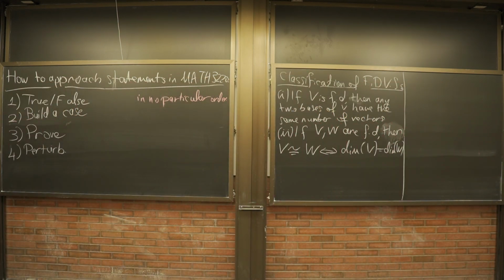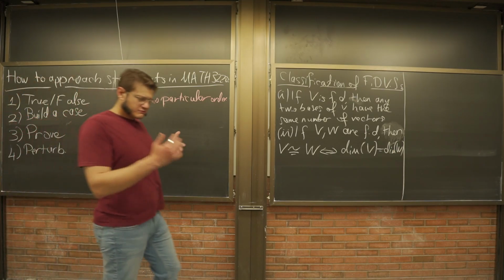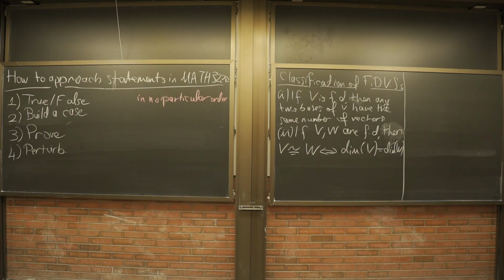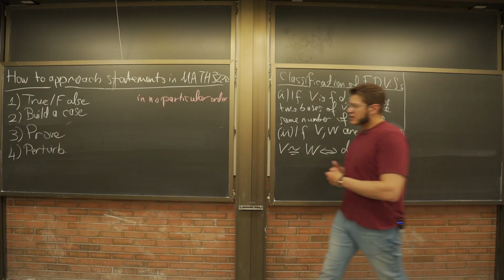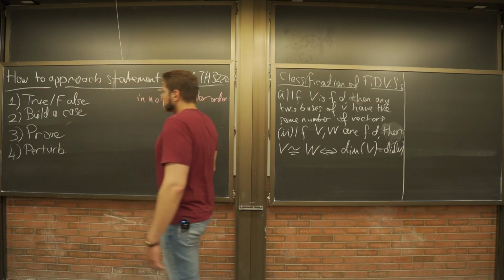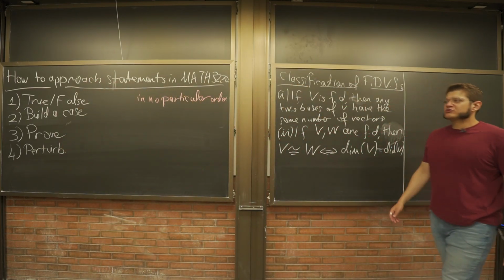And so I would say that first of all, it's important to be able to distinguish whether or not a certain statement is even true, right? Now, how do you determine that something is true or false? This is complicated to answer. Part of it is intuition, right?